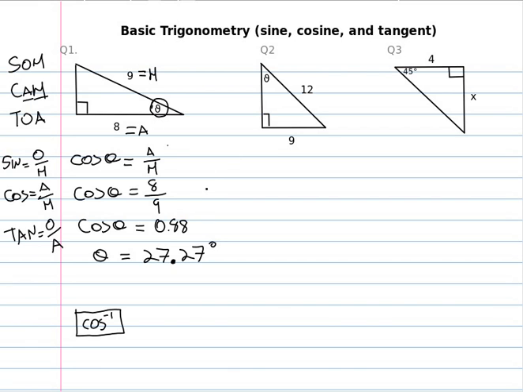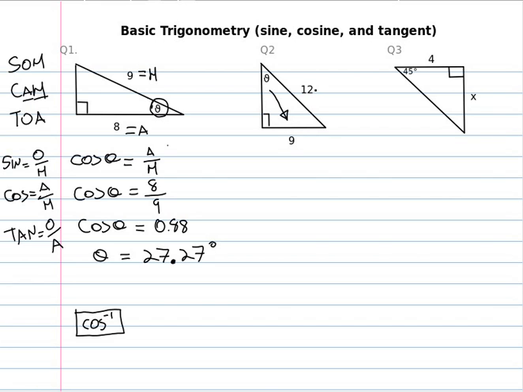So far so good. Let's look at question number two. I've changed the color of the pen, better go back to that color. Looking at question number two, we have the angle there, and we know the hypotenuse, and this time we know the opposite.